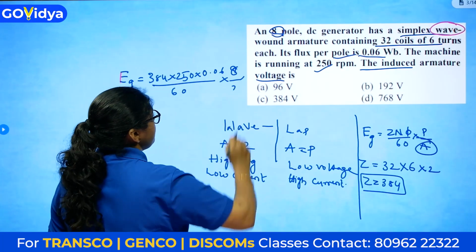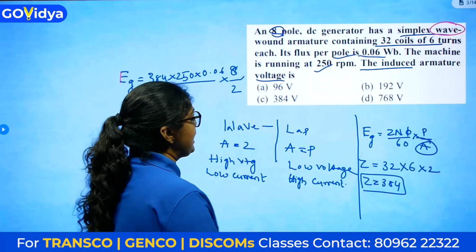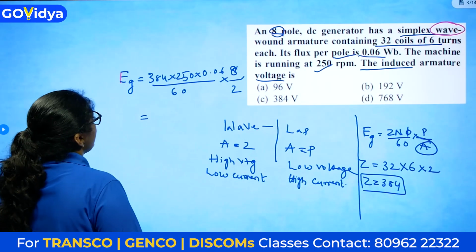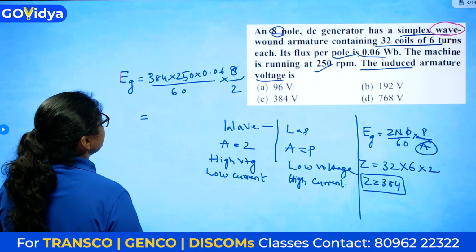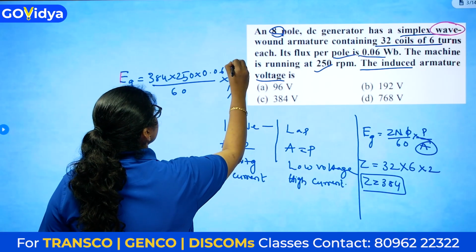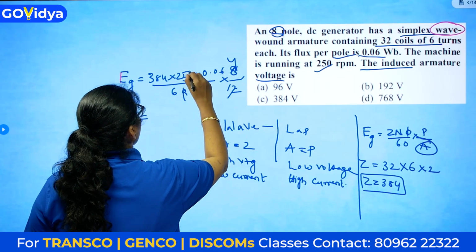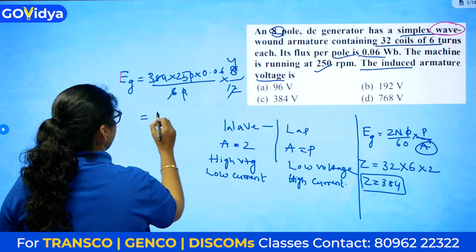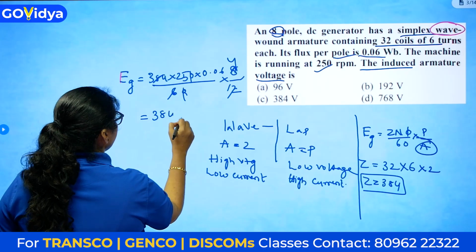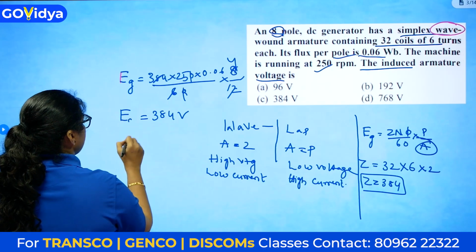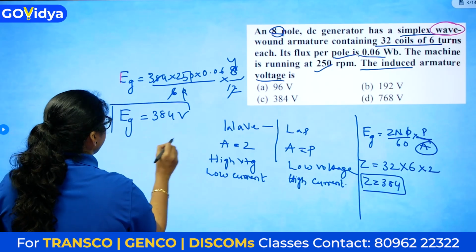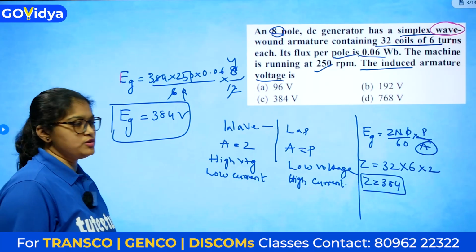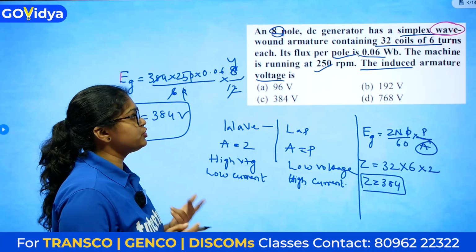If it is lap, we have to substitute the number of parallel paths as the number of poles. If you solve this equation, we will get around 384 volts. The induced EMF or generated EMF is around 384 volts. Clear? Let's move to the next question.